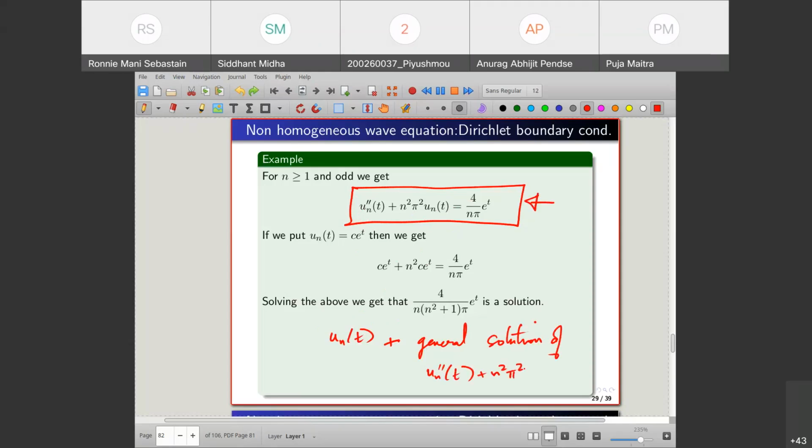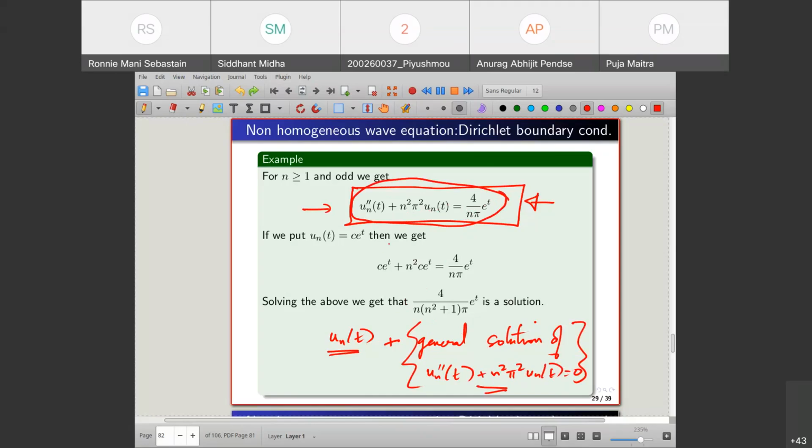The general solution of this equation looks like this. So we have to first find one solution of this equation, and the general solution of this differential equation looks like that one particular solution, plus any general solution of the homogeneous equation.